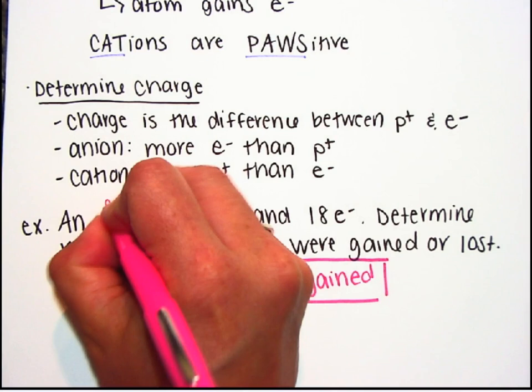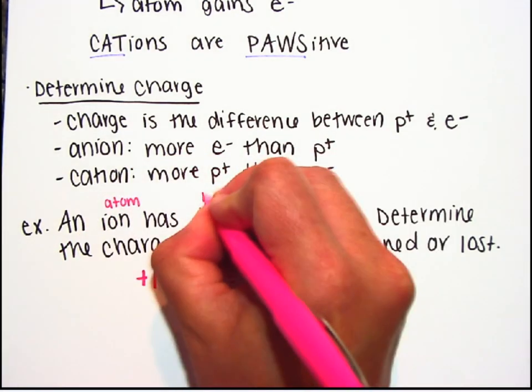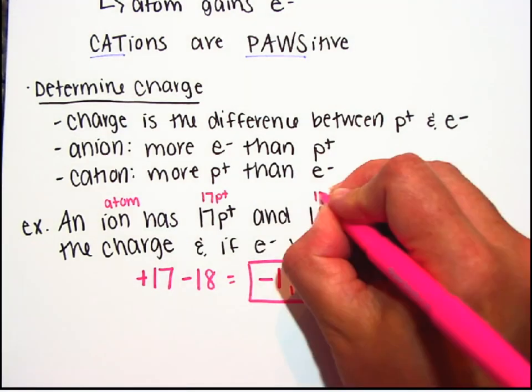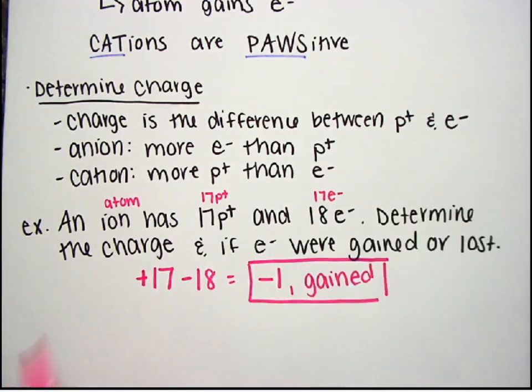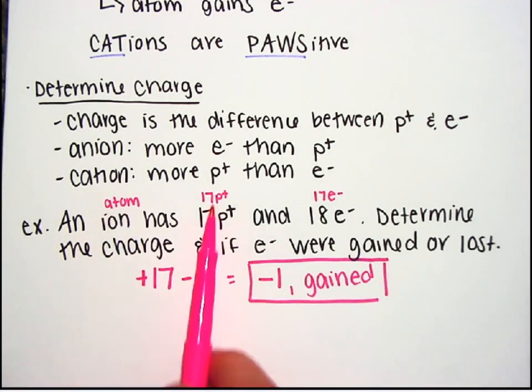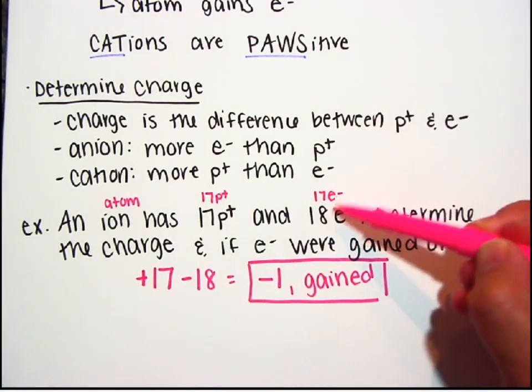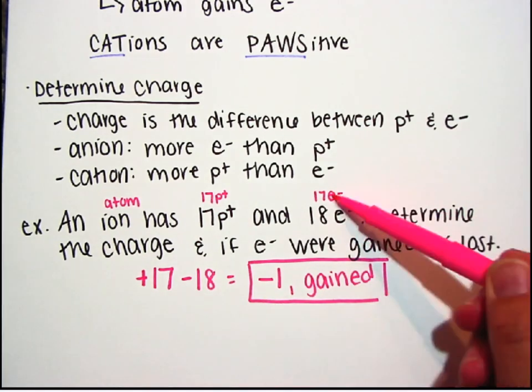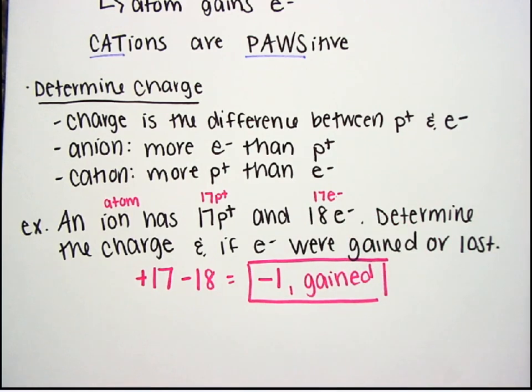If it were an atom, remember the number of protons never changes. If it were an atom, the number of protons would be equal to the number of electrons. So in order for this to be an atom, there would need to be 17 protons and 17 electrons. Well, now we can easily see that in order to get that -1 charge, we needed to gain 1 electron.